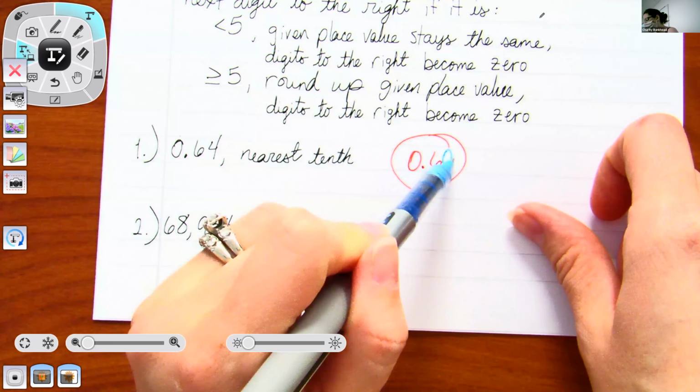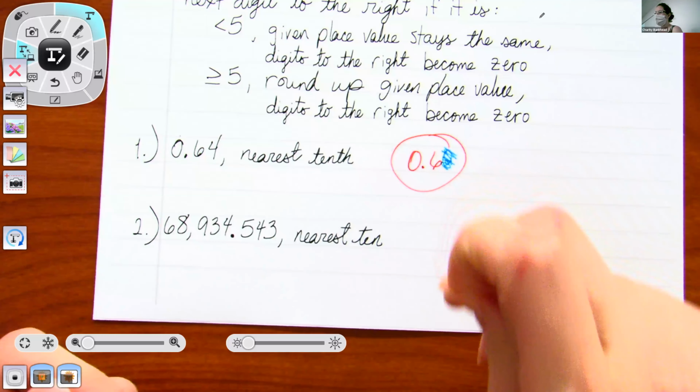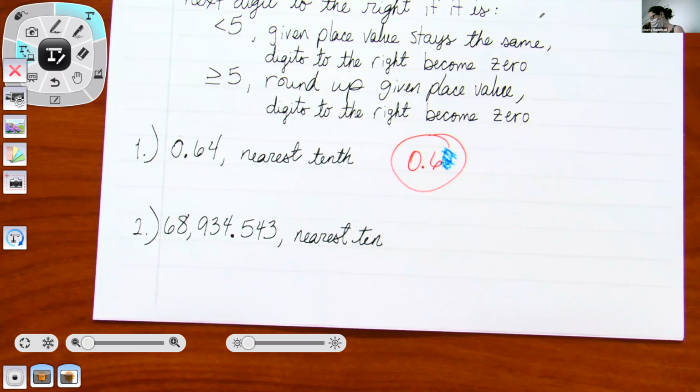It's probably considered a little bit better not to put a 0 there at the end, because you're rounding it to the nearest tenth. So you're just going to stop at the tenths place and not put anything after that. Okay. So like if you were rounding it to the nearest hundredth and it was like 0.60, then it would make sense to put that 0 there. And that would show that it's rounded to the nearest hundredth, but it's just rounded to the nearest tenth, so you just stop at the tenths place.